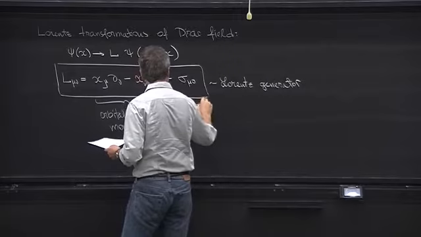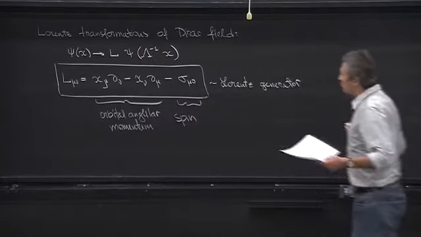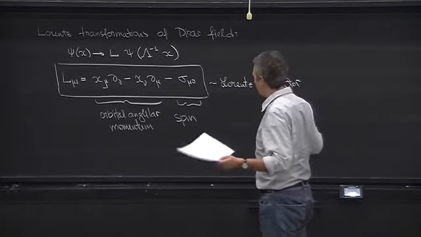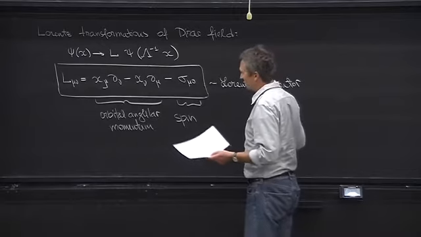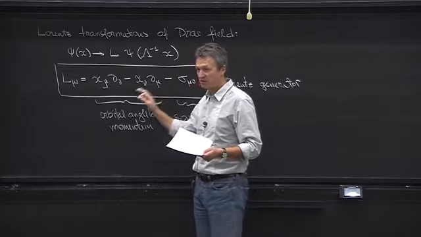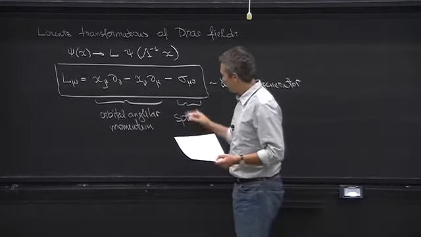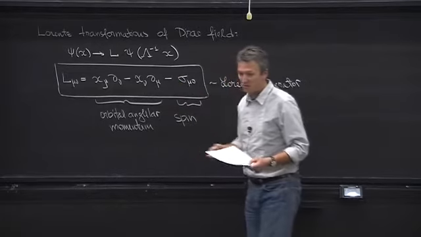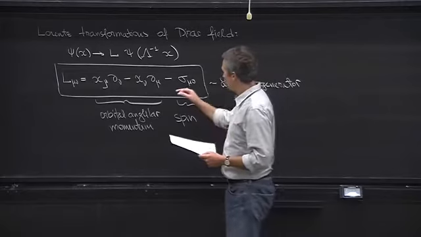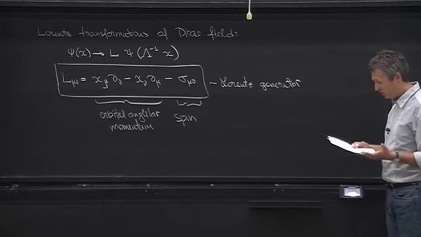And this is spin. As usual in quantum mechanics, the spin is the part of the angular momentum that's not orbital. So we just call the leftover here the spin operator, and let's look at what this spin operator looks like.